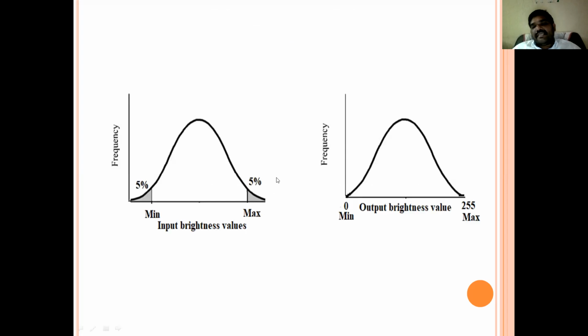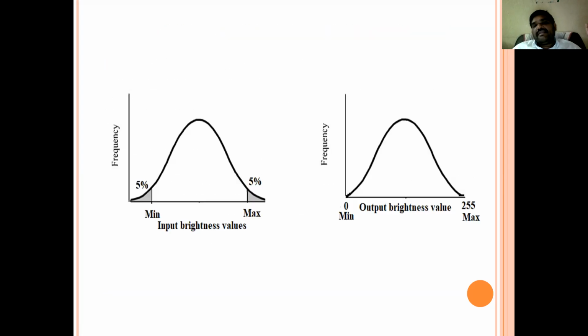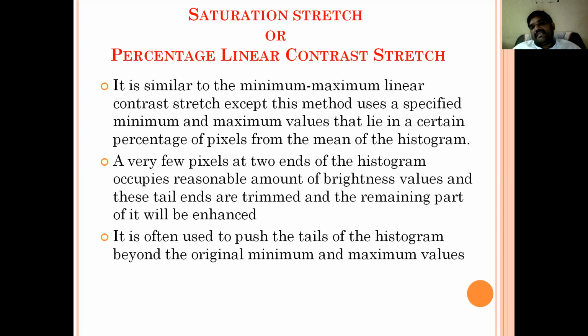Mean, in the sense, by seeing the digital number values here, as in most of the cases after analysis, the range of brightness values at the tail ends we are trimming and the remaining portion will be enhanced so that the image will be more clear than before. This is what saturation stretch or percentage linear contrast stretch is about.